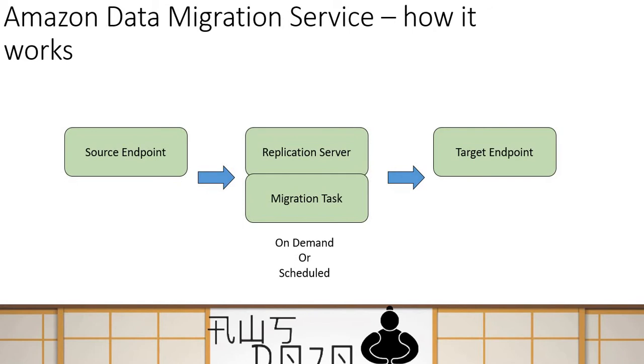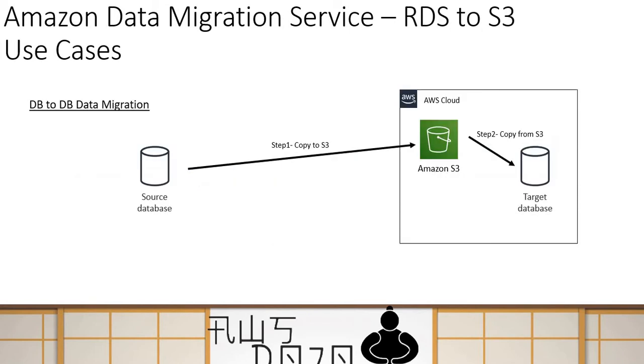So moving on, there are two use cases when you want to move data from a relational database service, I'm saying RDS here, but any kind of database service, to S3. The first use case is when you want to do database migration.